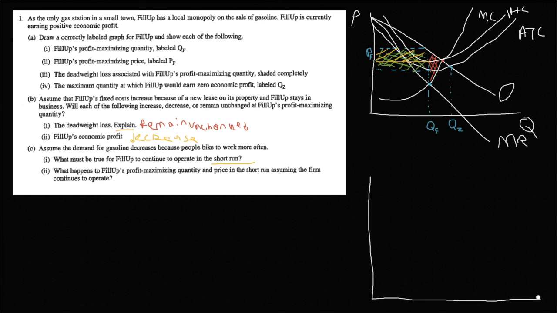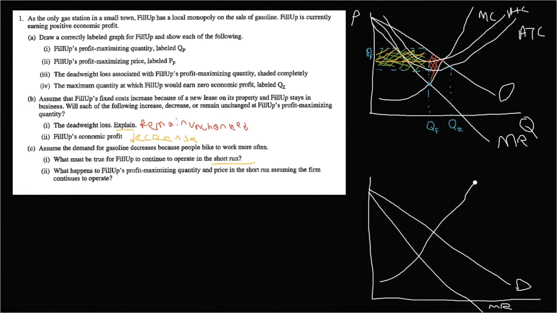So we have our two graphs. We have our demand. We have our marginal revenue. I'm just going to draw marginal cost, MC, and ATC.